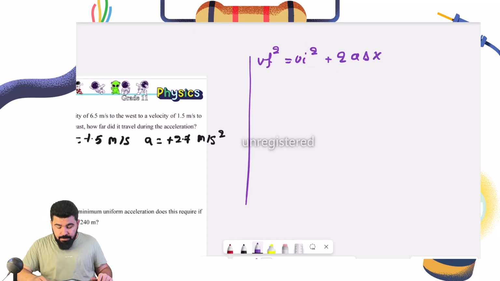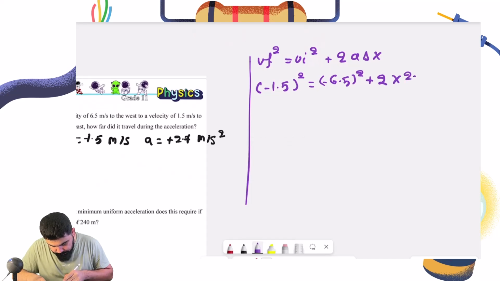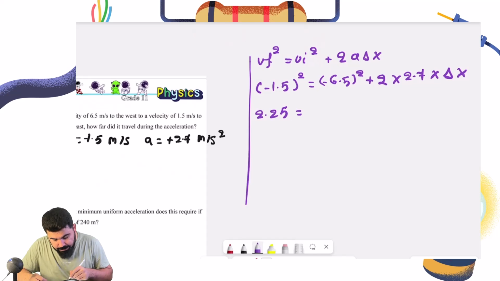So how can we solve this? We're going to say negative 1.5 squared is equal to negative 6.5 squared plus 2 times 2.7 multiplied by delta x. Negative 1.5 squared is going to be 2.25.